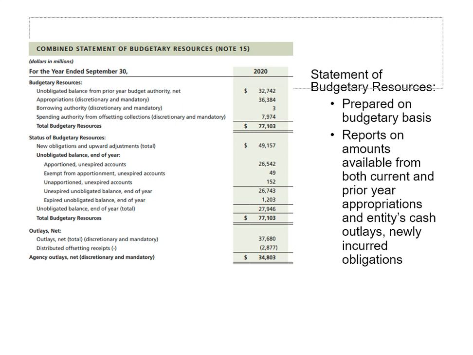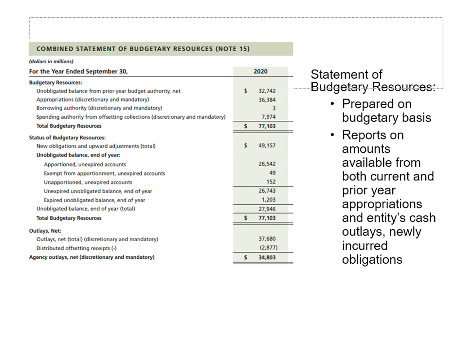All right, next is the statement of budgetary resources. So this is prepared on a budgetary basis, or cash basis. It reports on the amount available from both current and prior year appropriations, and entities' cash outlays and newly incurred obligations, or in cash basis.